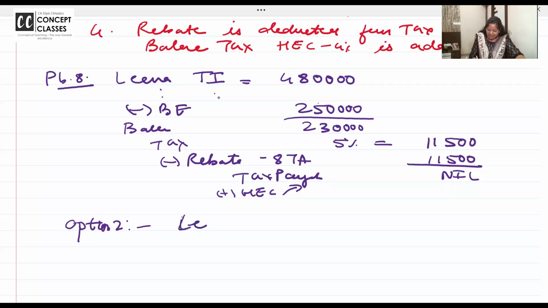Suppose I say Lena is an NRI and the total income is 4,80,000. Dear students, tax will be same or it will change? Speak loudly, even if you're wrong there is no problem, I won't get angry at anyone.